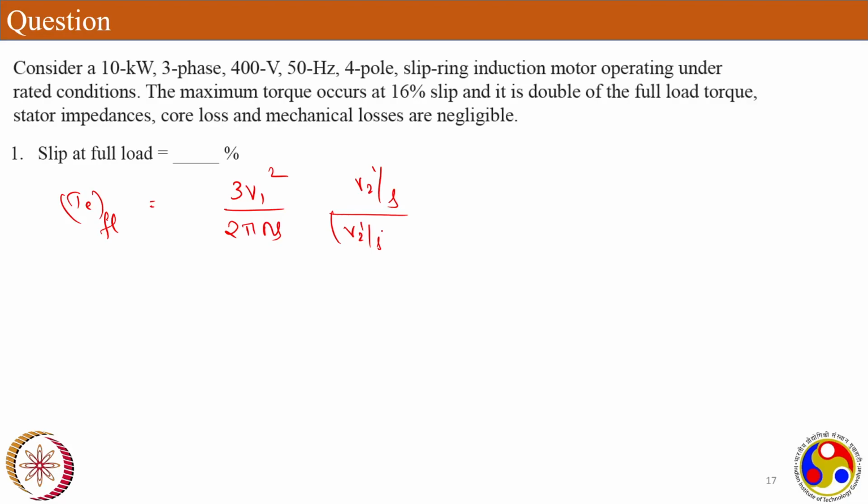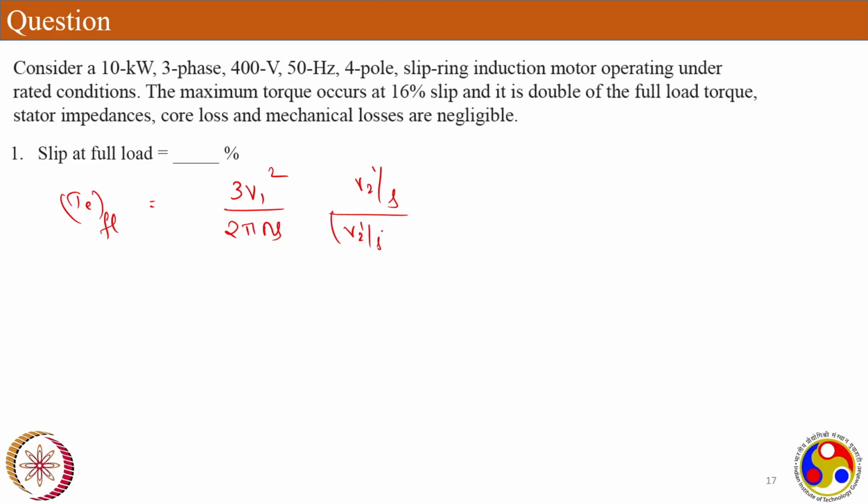It will come up, 2 times R2 dash by S divided by (R2 dash by S) whole square plus X2 dash whole square, divided by 1 by X2. So this is what the ratio is, 2 times it.